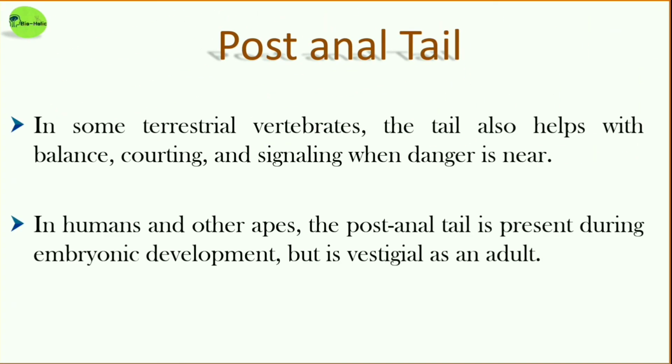In some terrestrial vertebrates, the tail also helps with balance, courting and signaling when danger is near. In humans and other apes, the post-anal tail is present only during embryonic development. As an adult it is vestigial, meaning it is functionless in the course of evolution.